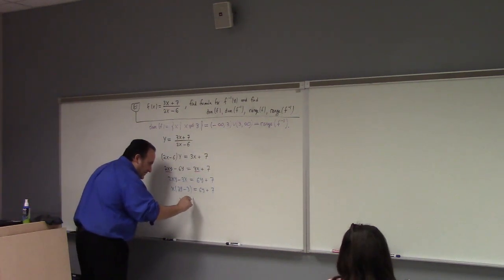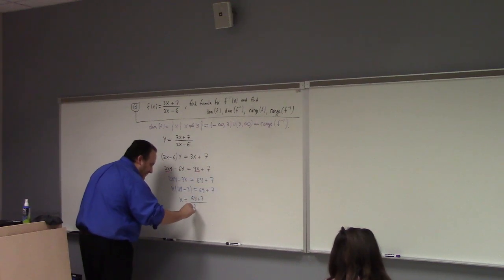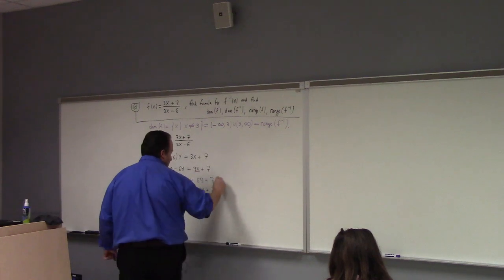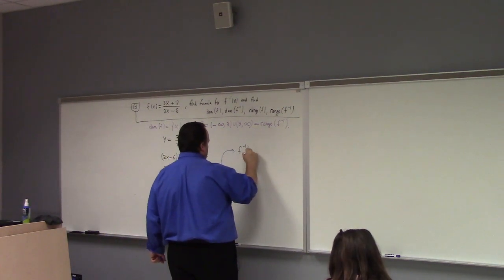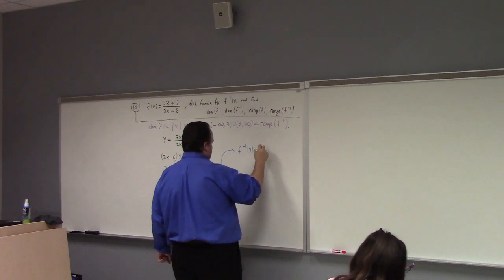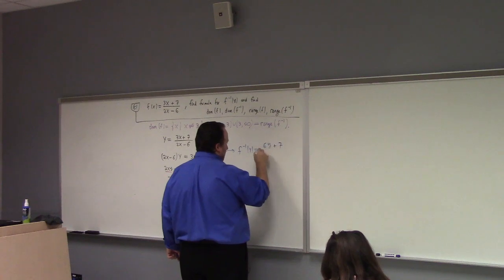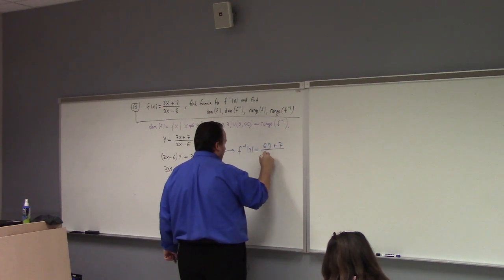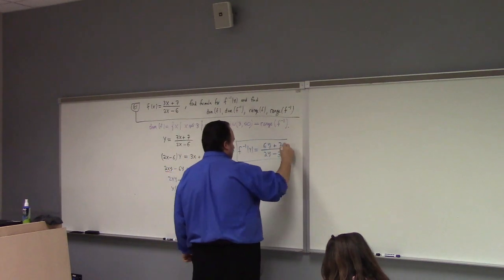We've got x is equal to 6y plus 7 divided by 2y minus 3. So this tells me that f inverse of y is equal to 6y plus 7 divided by 2y minus 3. There's the formula for the inverse function.